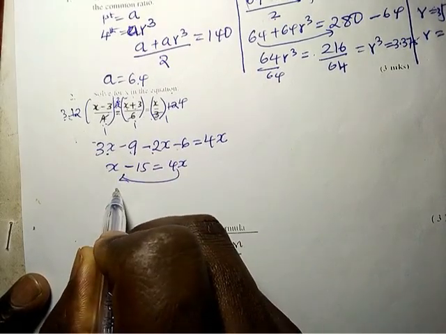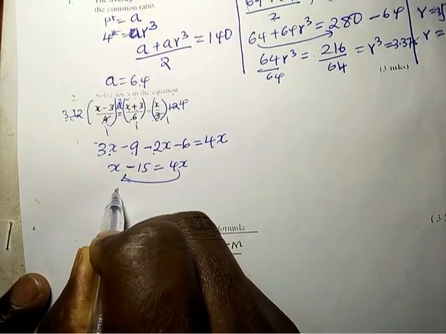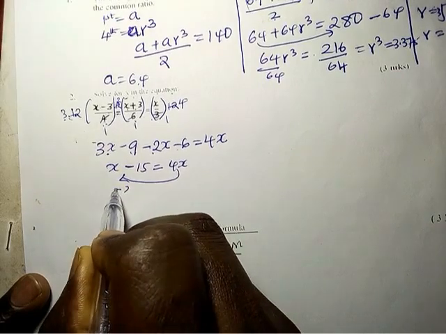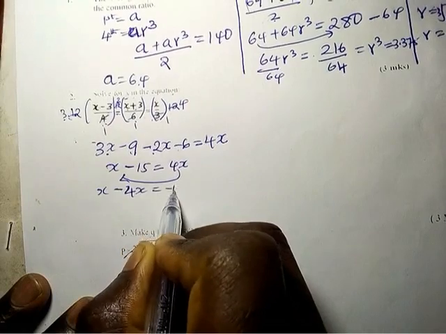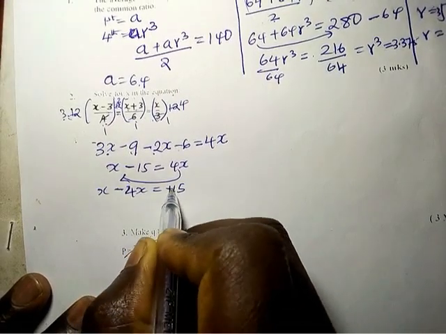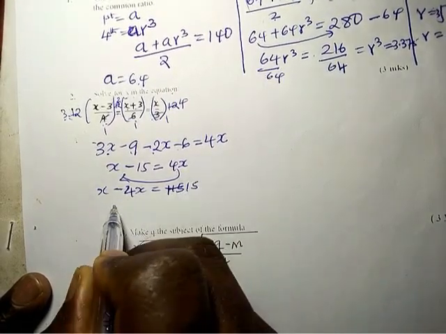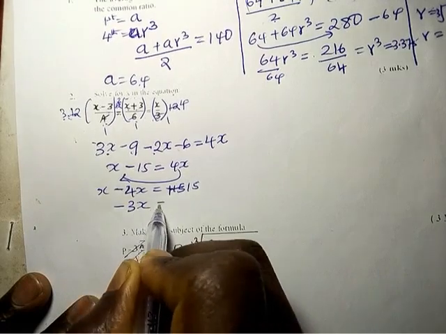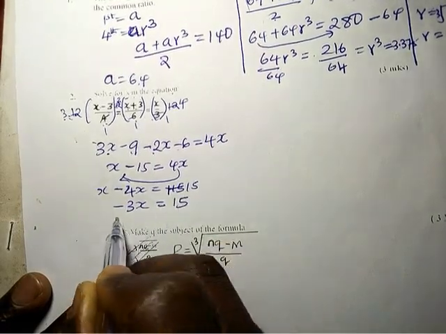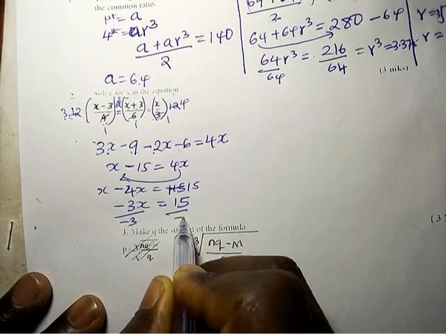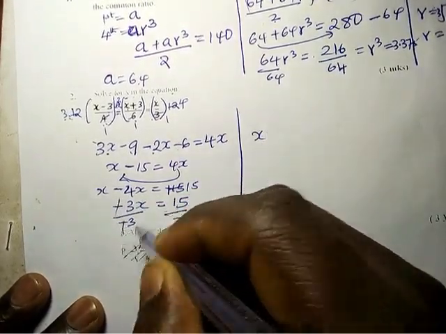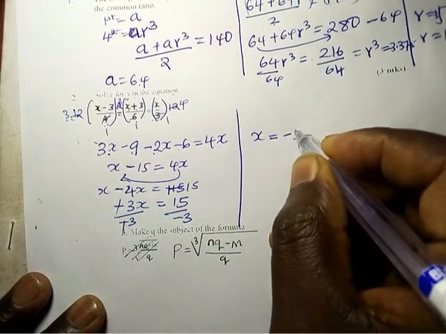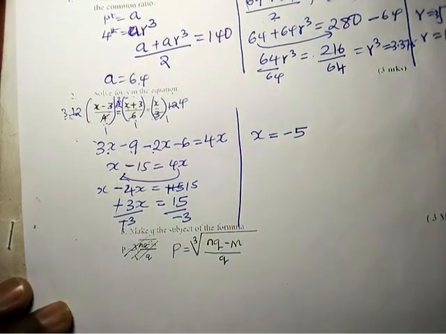So we are going to have x minus 4x is equal to positive 15. So this one is going to be negative 3x equal to 15. Divided by negative 3, divided by negative 3. So x is equal to negative 5.